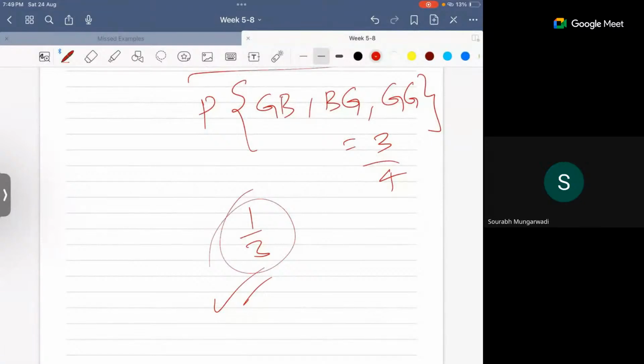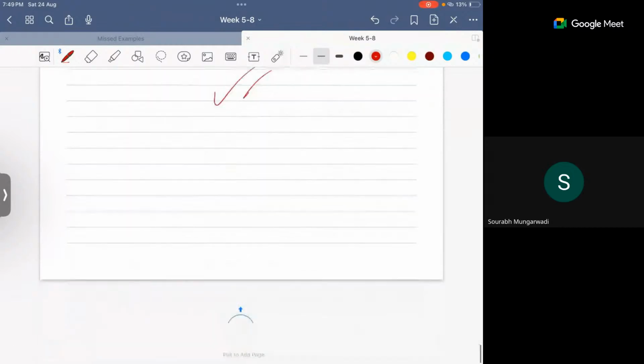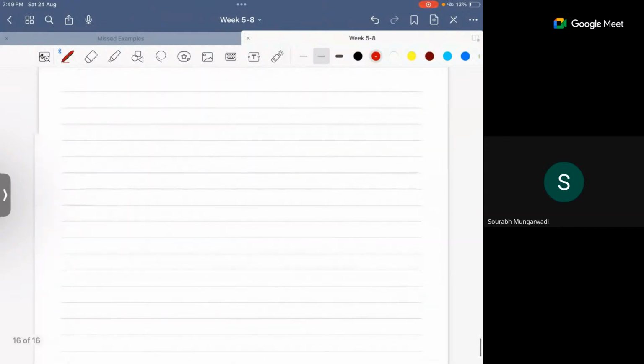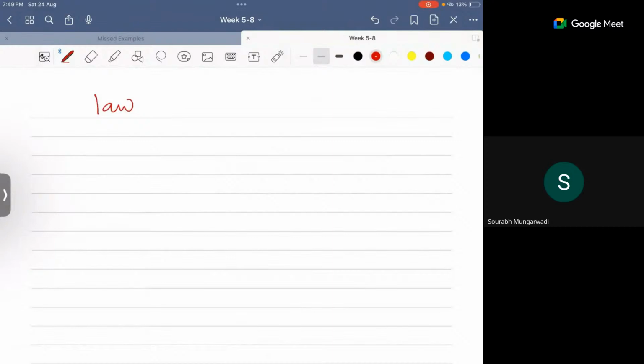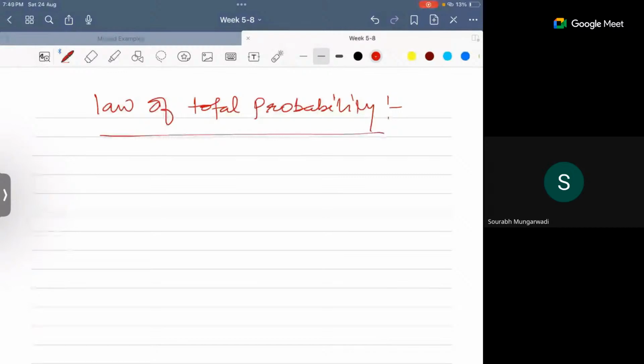Okay. Then we'll move to the law of total probability. See, the law of total probability we have already dealt with, like I was just talking about the complement thing, right? That is almost the same as this.